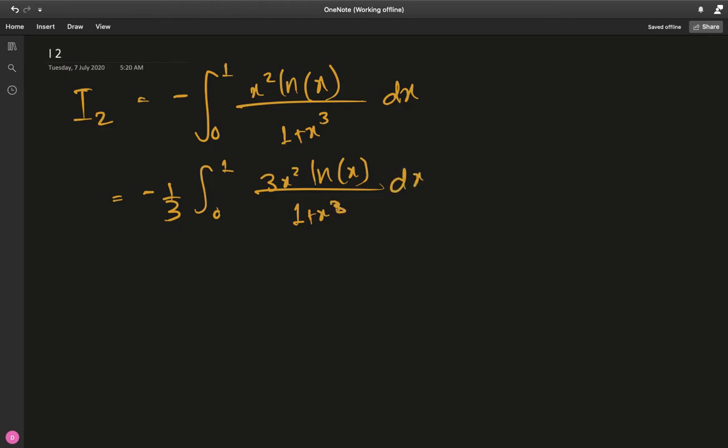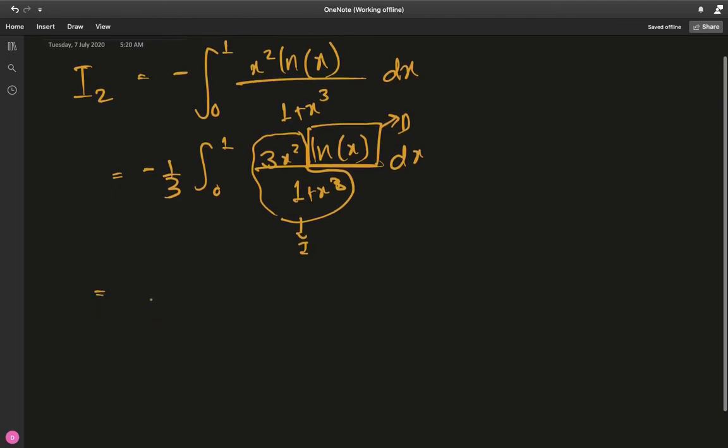And I did this because we're going to apply integration by parts. So we will be integrating this while we patiently differentiate this. So we have negative 1 over 3 times natural log of, antiderivative of this is 1 plus x cubed.